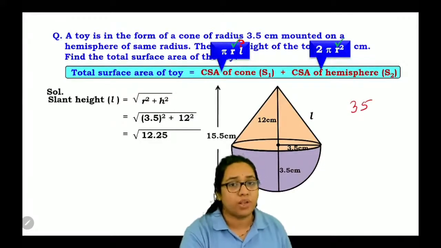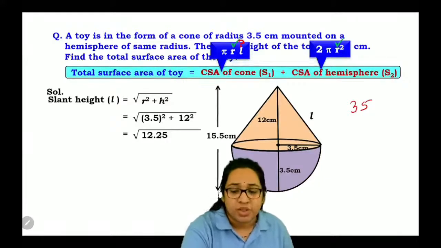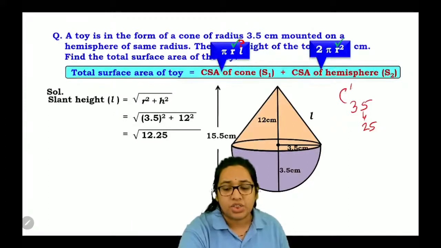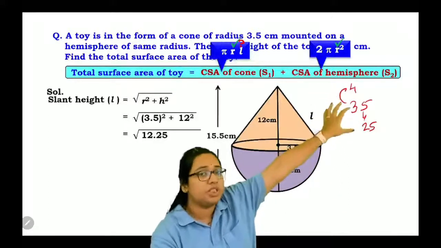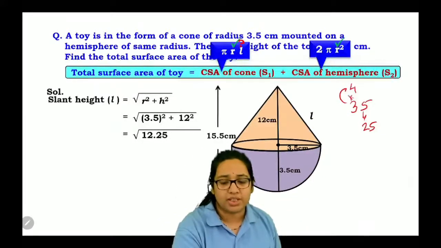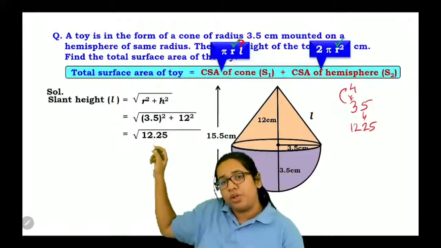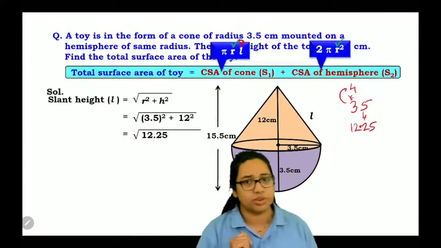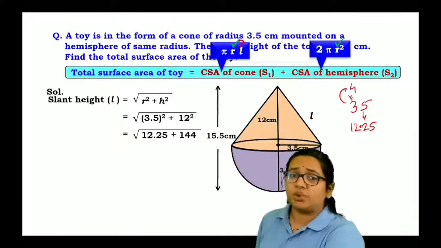Whenever you have to find out square of a number in which 5 is at the unit place, for that, first of all, you will just write 25 there and just multiply 3 by the next number. Next immediate number to 3 will be 4. So I will consider multiplication of 4 and 3, which will be 12. So as we have to find the value for 3.5, hence its answer will be 12.25. Getting this one? And we already know the value for 12 square, which is nothing but 1.